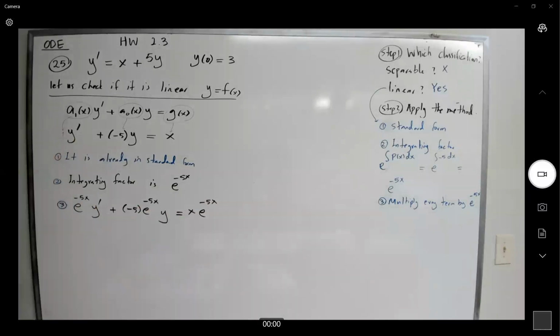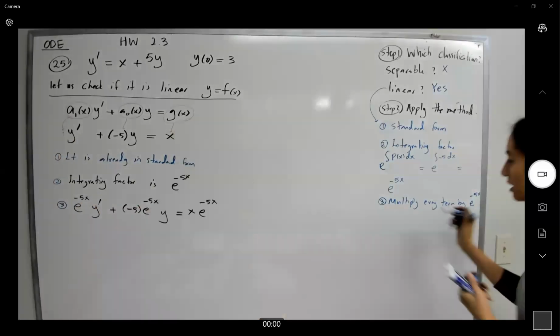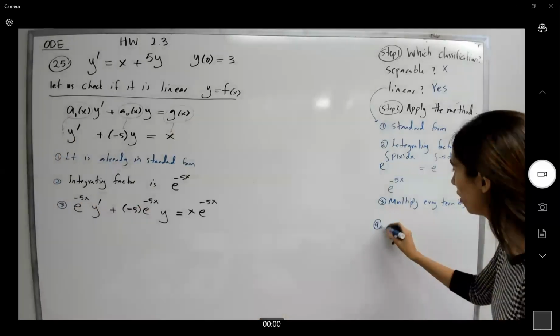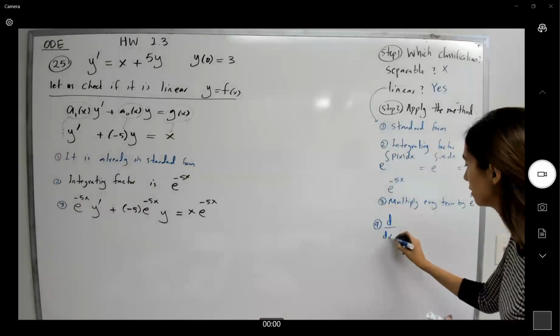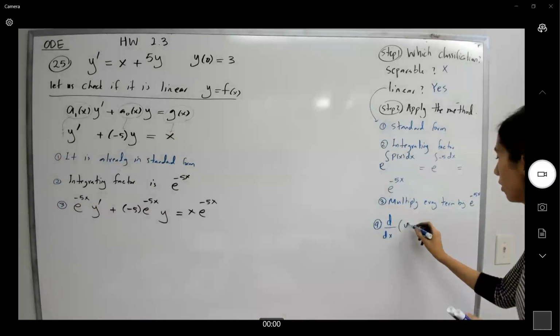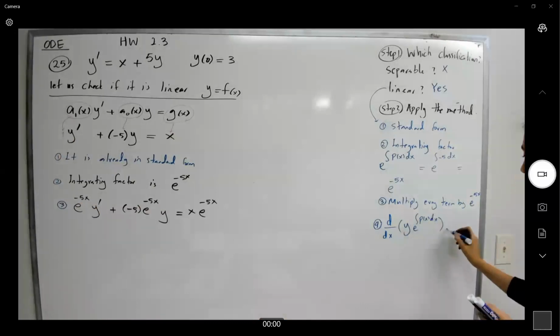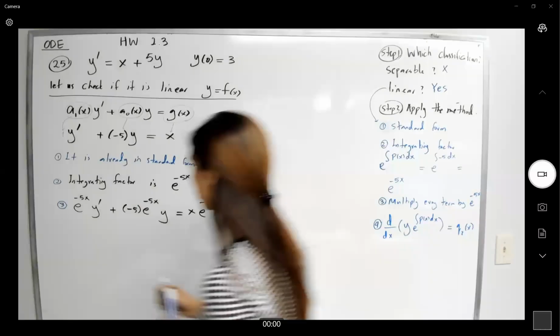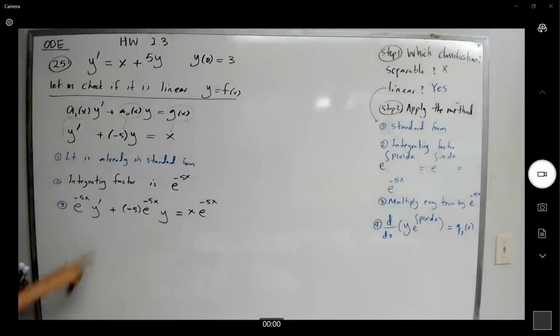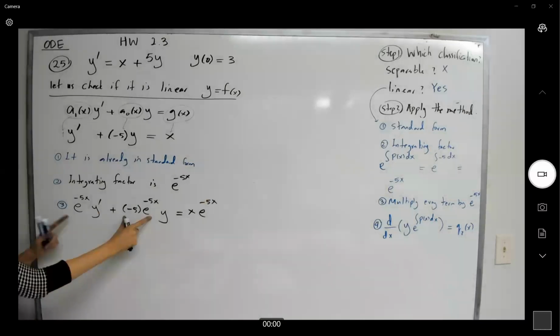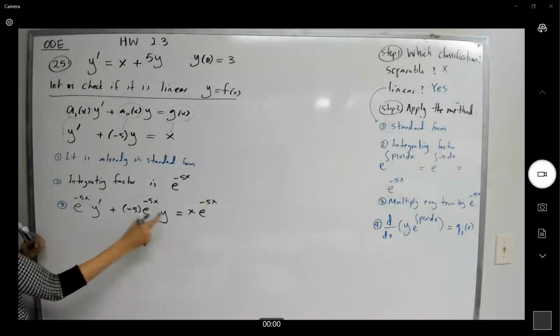Now in step 4, you need to see the expanded form. Check the expanded form of the product rule, d/dx of y times e to the integral P(x) dx. On the right hand side, you just created some new expressions. So take a look at this: y prime times the function plus the derivative of this function, which using the chain rule is negative 5 e to the power negative 5x times y.